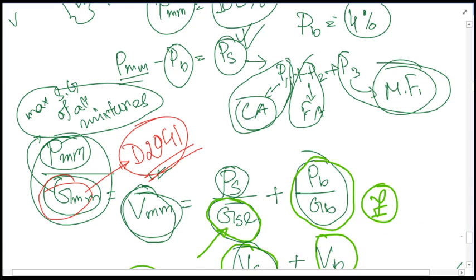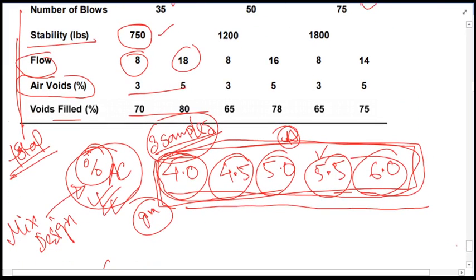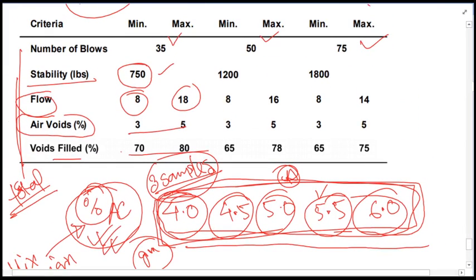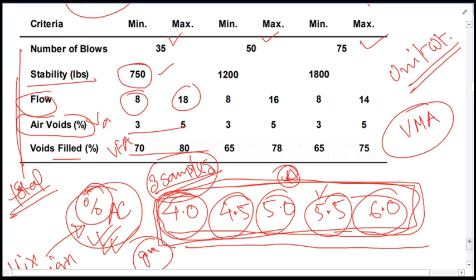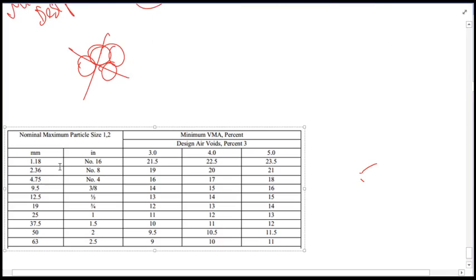As we were speaking about the stability, as you can see here, can you identify which one is missing? Maybe unit weight. We generally don't have to worry about that. Another thing is missing. This is VA and this is VFA. But VMA is missing here, so there should be another table for VMA, and the criteria must be satisfied. So for VMA, this is the table which we must satisfy. It uses the nominal maximum particle size, that is the nominal size which we'll be using.